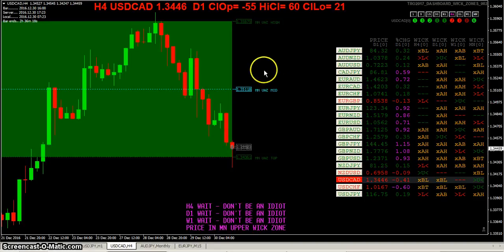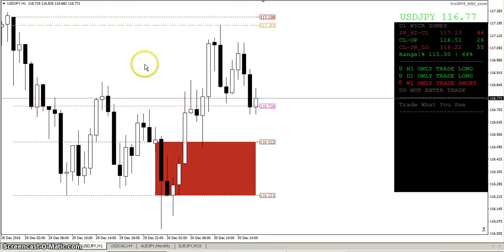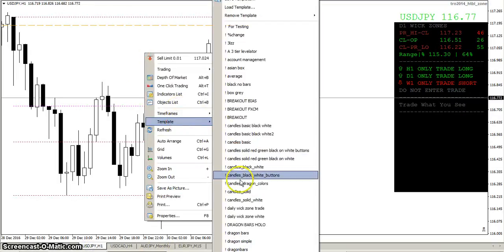I mean, you don't need anything else on your screen. That simple. You can take the TRO HL5 indicator and load it up, and it'll plot the same lines. You don't need anything fancy. You could do it on a naked chart if you want. It's really pretty much that simple.